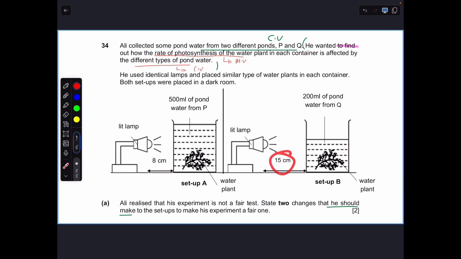The volume of water should also be the same. The only difference is the type of water, or rather where the water came from. So some of you just went volume of water, distance. Huh? What about the volume? What about the type? You need to be specific.